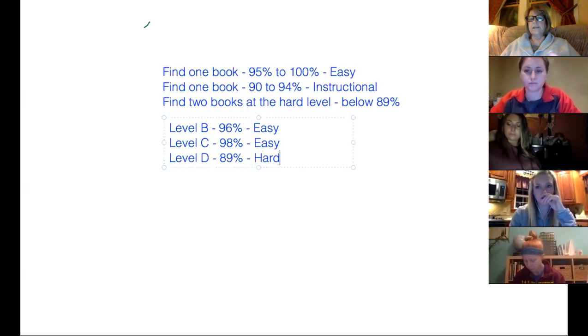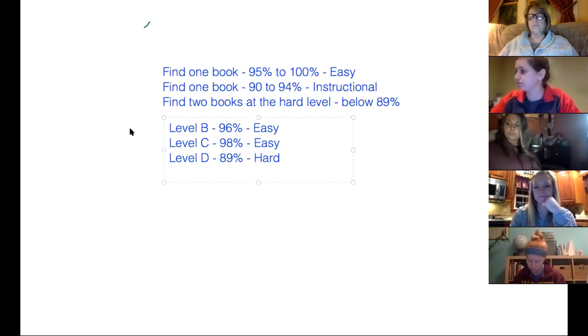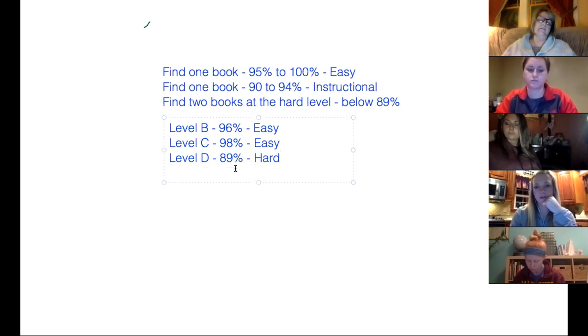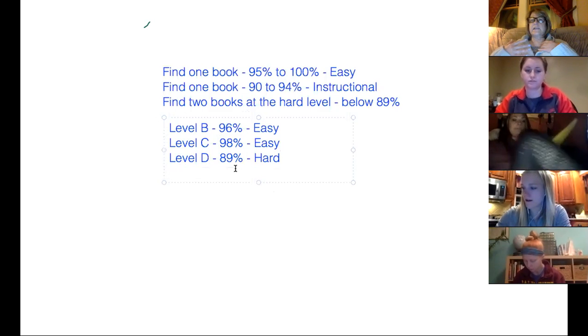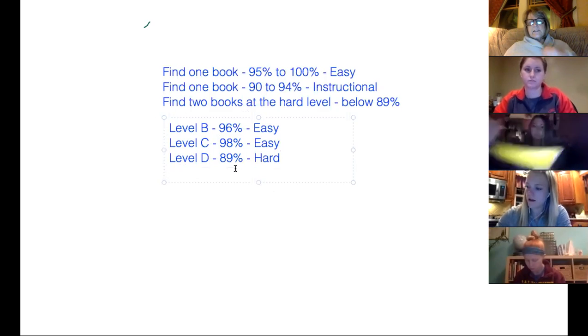So that's why I say we should find 2 hard levels, because a lot of times what happens is this level D, maybe they didn't have background knowledge. For some reason, maybe they had the same error. Maybe it had names in it.